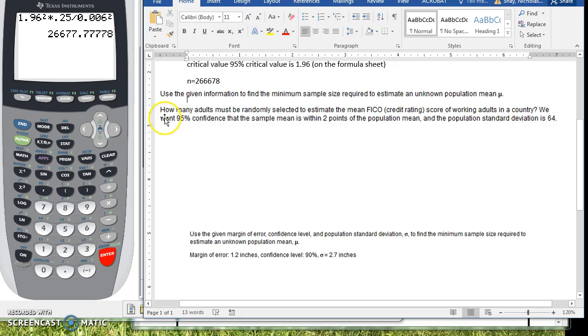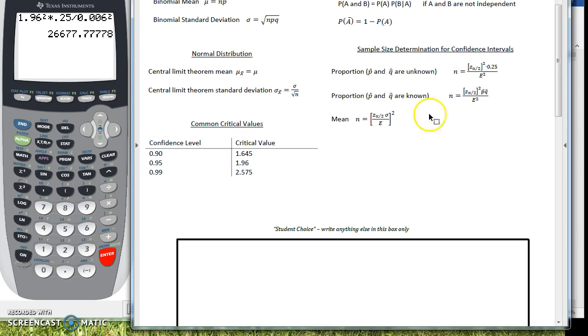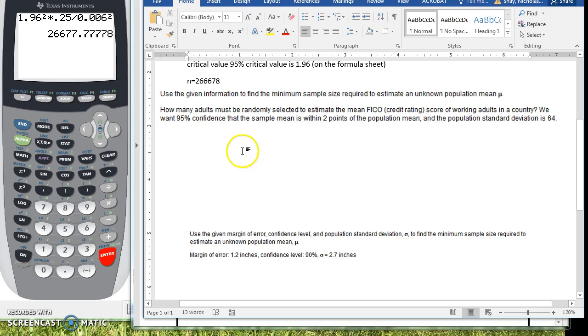Okay, so this one says use this given information to find the minimum sample size for a mean. So we're going to be working off this one right here. You're going to do everything on the inside first and then square it at the end. Let's see the values we have. It says 95% confidence. What would the critical value be?